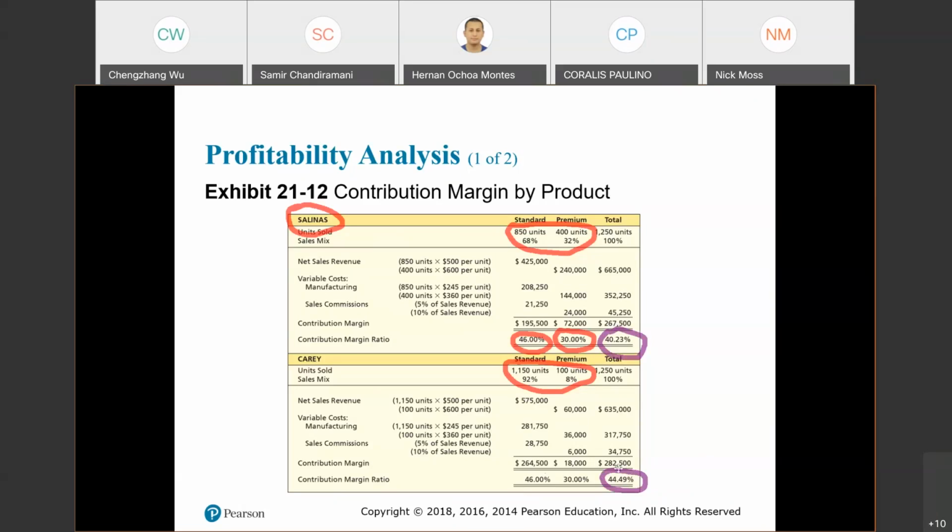This number is not simply the sum of the contribution margin ratios of each type of different product. Instead, it is a calculation using this information.